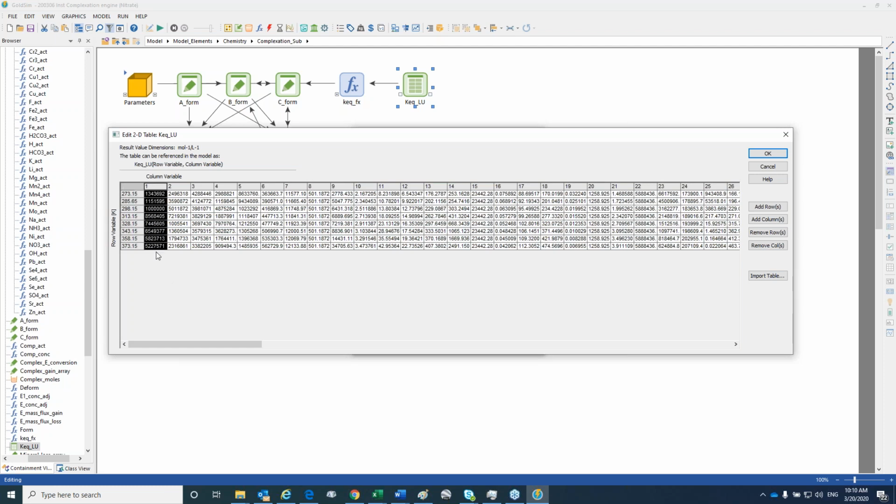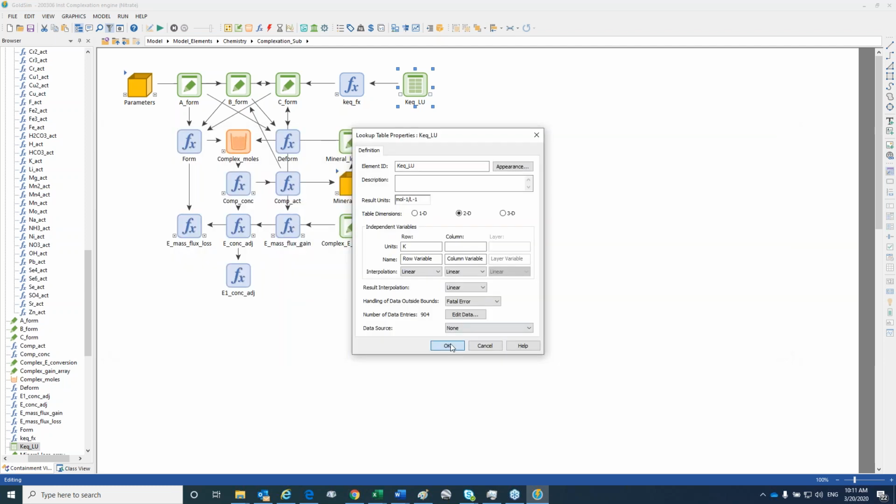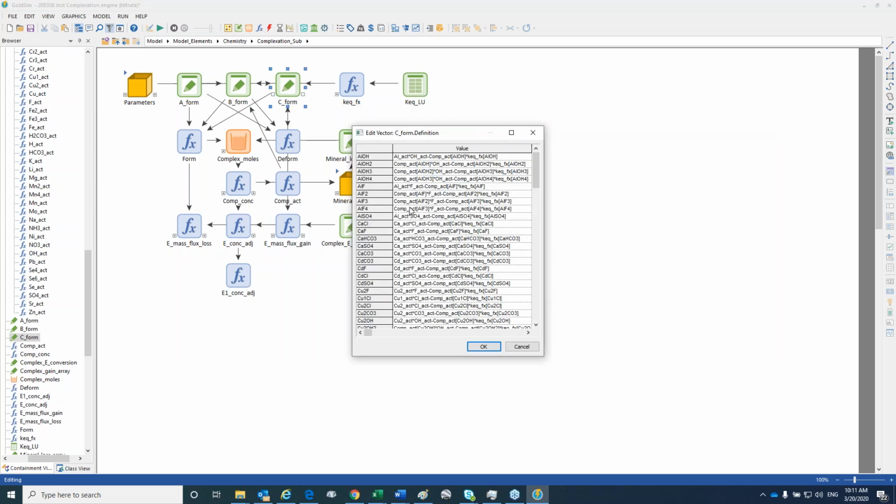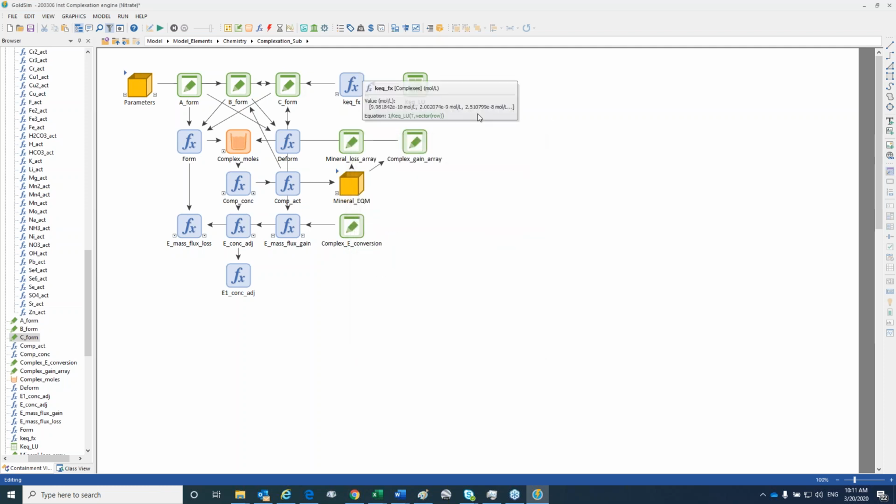The alternate way of doing it is not to do the inverted calculation, but to extract the KEQ directly. The problem with extracting the KEQ directly is that it results in a more complex C form and B form. When we do the inverted form, it makes the calculation a little bit easier. Instead of applying the KEQ directly to a whole number of different terms, we can do it more easily by doing the inversion.